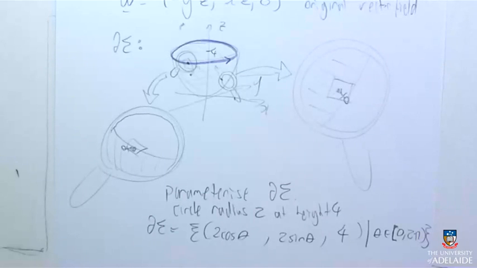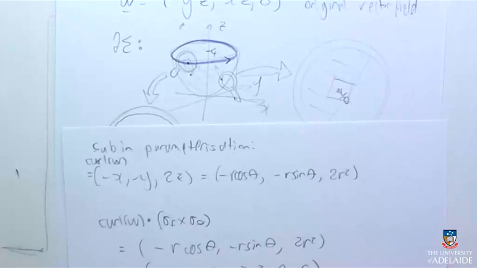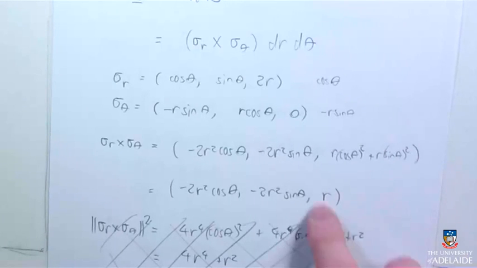And just to clarify, back when you did the cross product, if you did it the other way around, so sigma theta cross sigma r, then we would need to do the boundary going the opposite way to get the same answer? Yes. Now in this question, the lecturer specifically said they wanted this third coordinate to be positive.